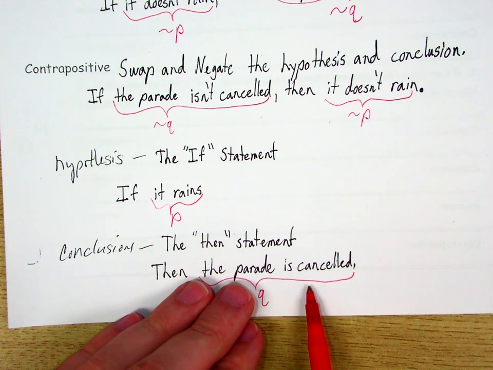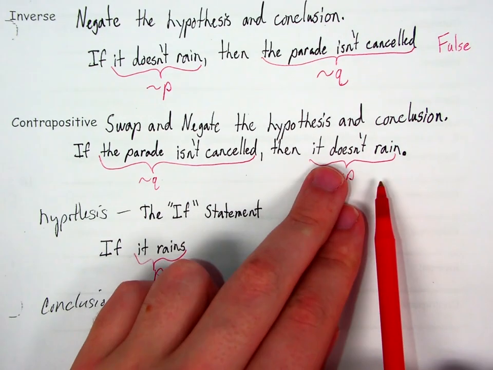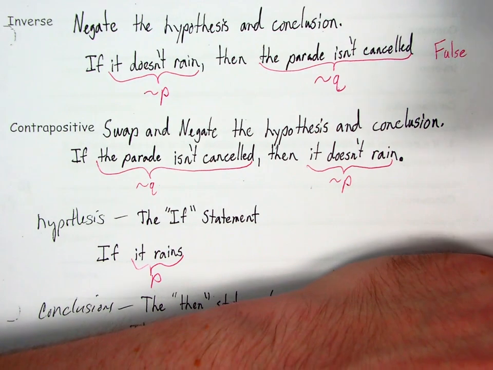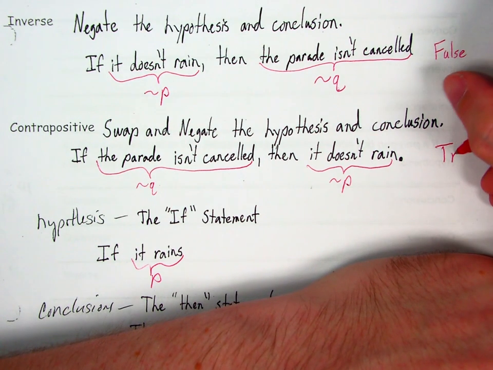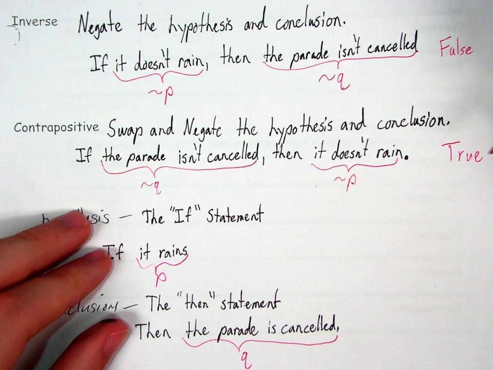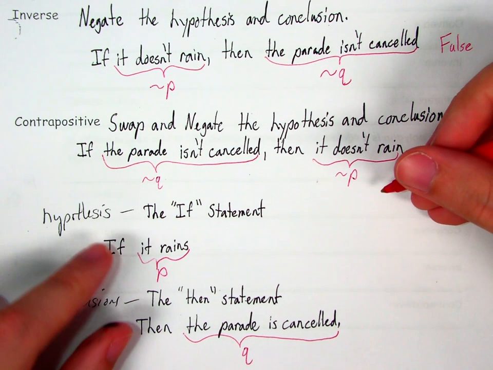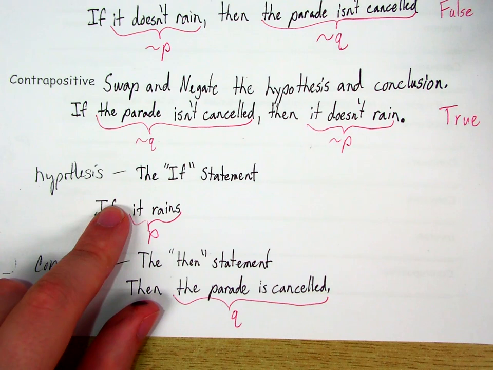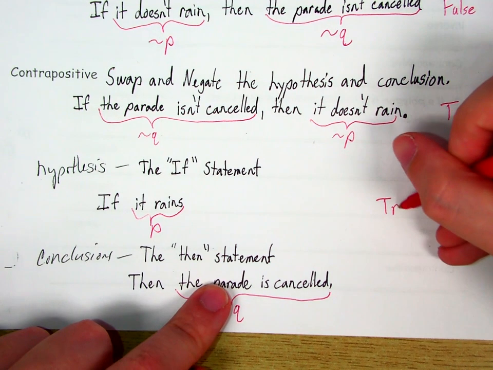If the parade isn't canceled, it means it isn't raining. This we'd consider to be a true statement. This true statement matches the original statement, that if it rains, then the parade is canceled, which would probably be true as well.